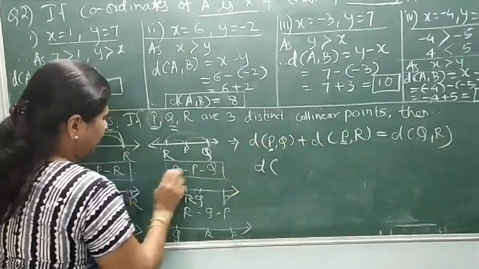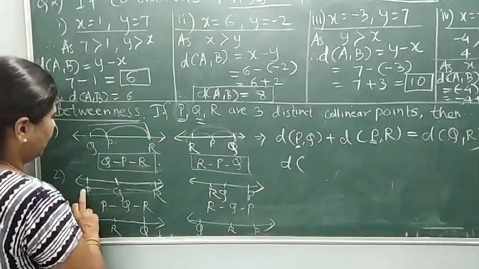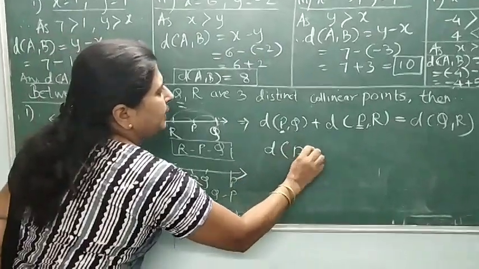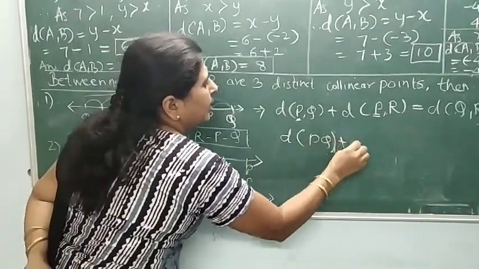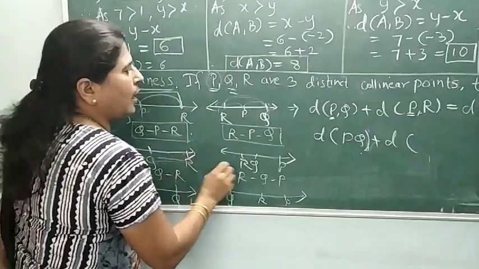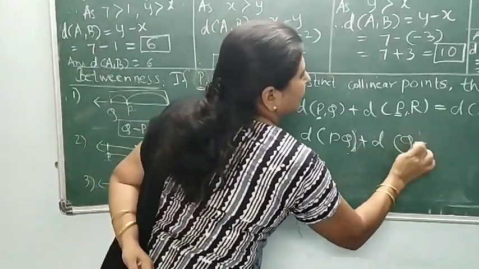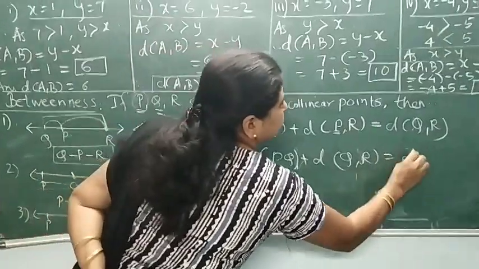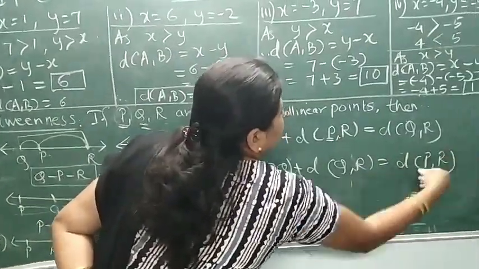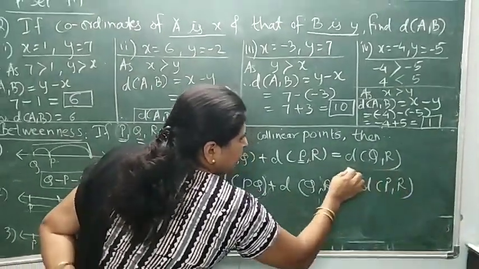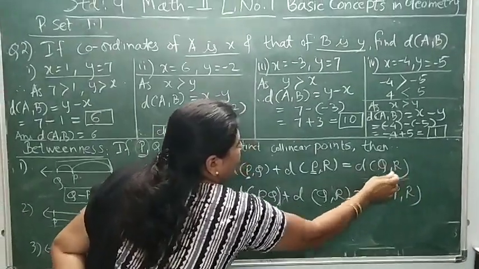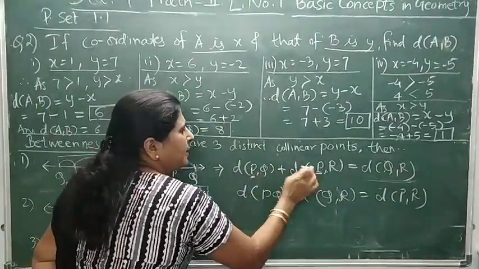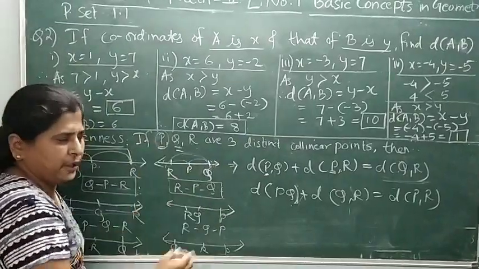In the second case, distance PQ plus distance QR is equal to distance PR. Whichever is the bigger distance, those are the end points, and the remaining common point is the point in between.